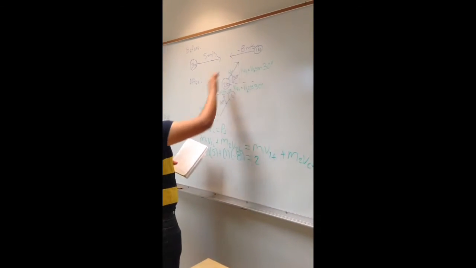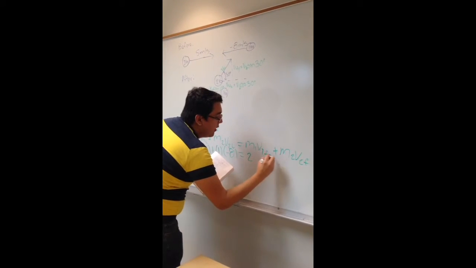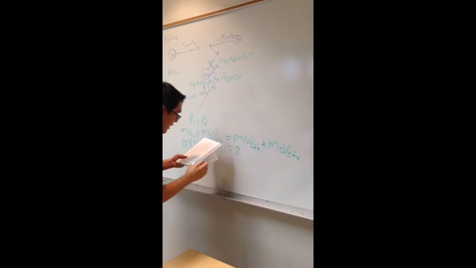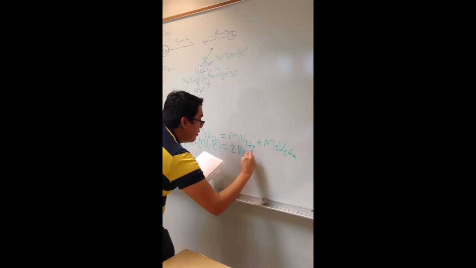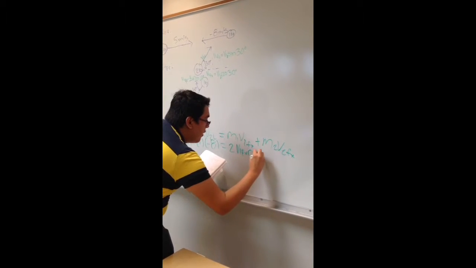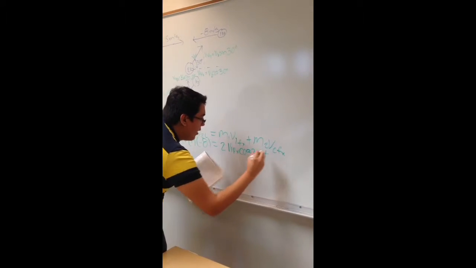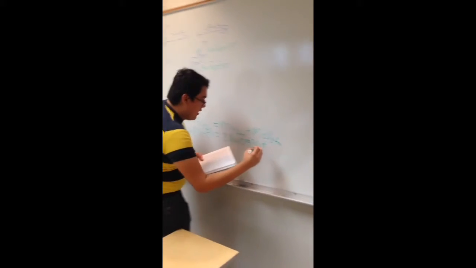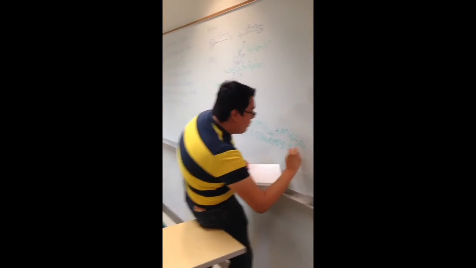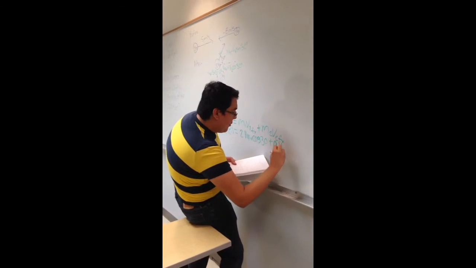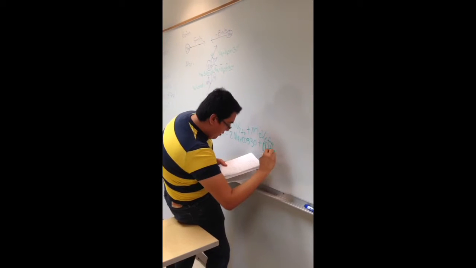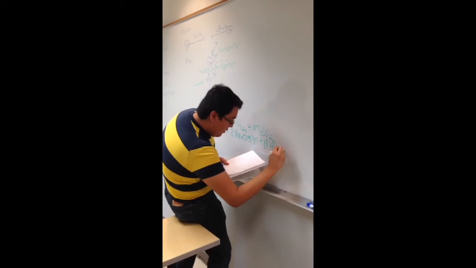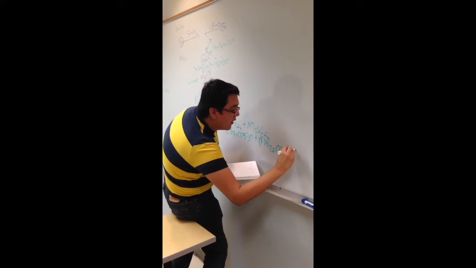These are only traveling on the x-axis, so we have these as x, and on the right side, 2 times V1F cosine of 30 plus 1 times negative V2 final cosine of 60.